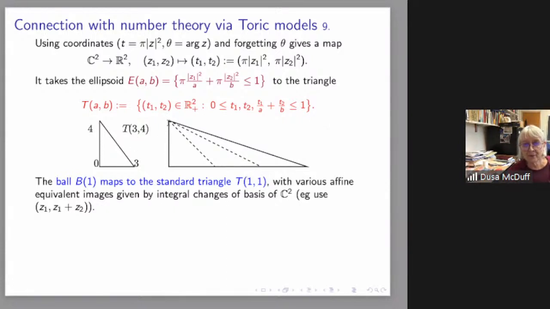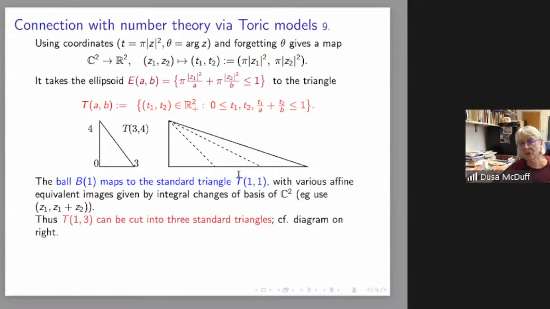Here is an ellipsoid with one side of length 1 and one side of length 3, and I've cut it up into 3 triangles, but each of these triangles is affine equivalent to the first one. So you can embed a ball in each of these. There's something called the Traynor trick that allows you to say that a symplectic ball embeds in each of those.